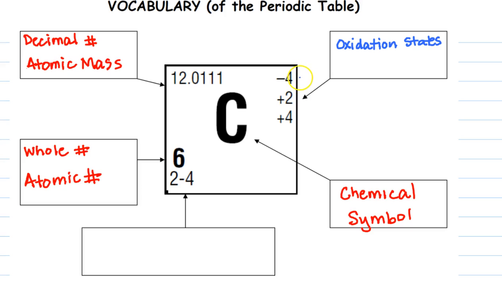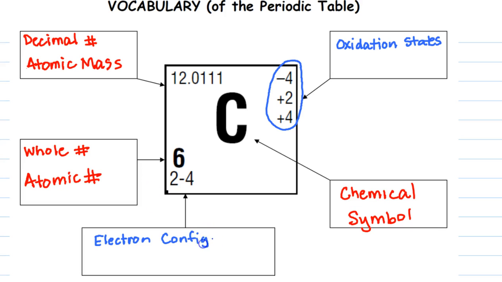For most of the elements, and we're going to look at this when we talk about the periodic table in the next lesson, you can tell what this is simply by its position on the periodic table. So it's not totally necessary to have those numbers on the periodic table. The other thing that you may or may not see is the electron configuration.